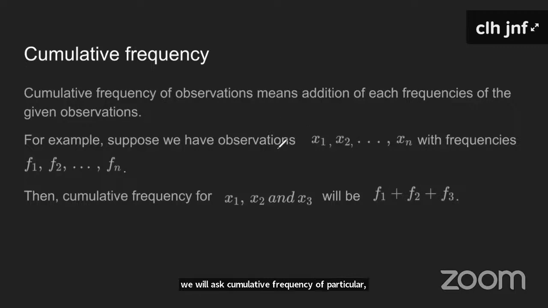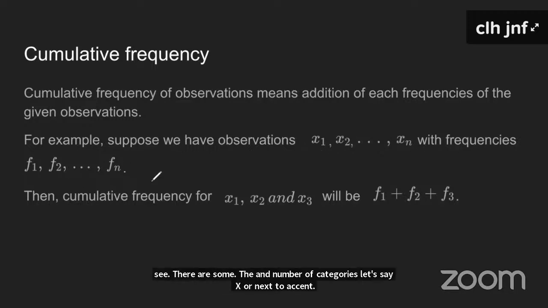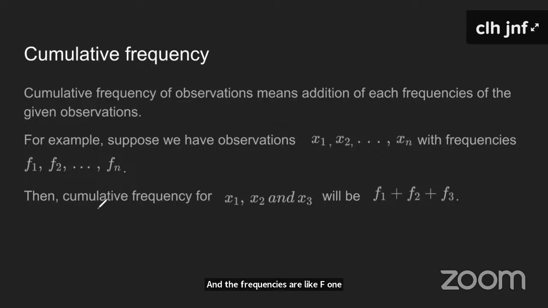Let's say there are n categories x1, x2, xn, and their frequencies are f1, f2, fn. If they ask the cumulative frequency of x1, x2, and x3 only, then it will be nothing but the sum of the frequencies of these categories. The word someone used in that question was aggregate, right? Both are the same thing.